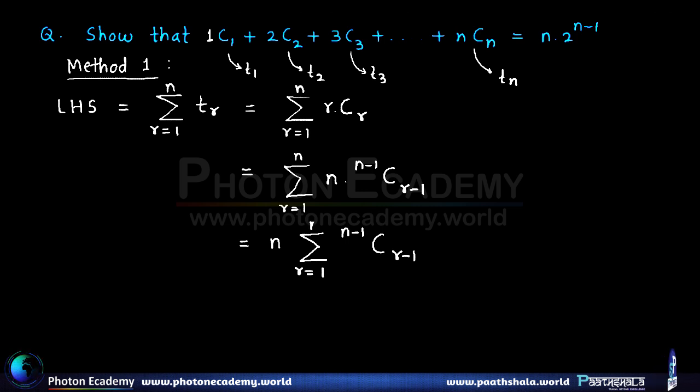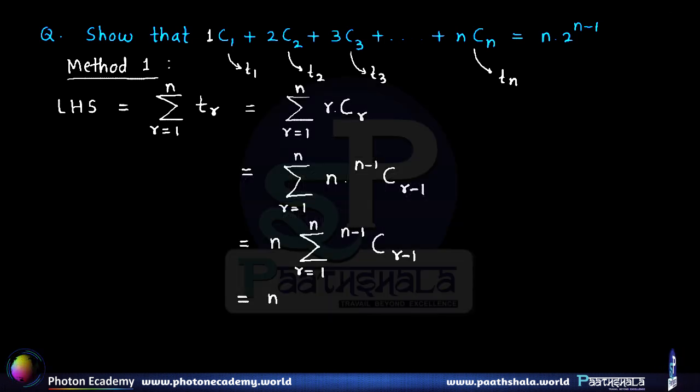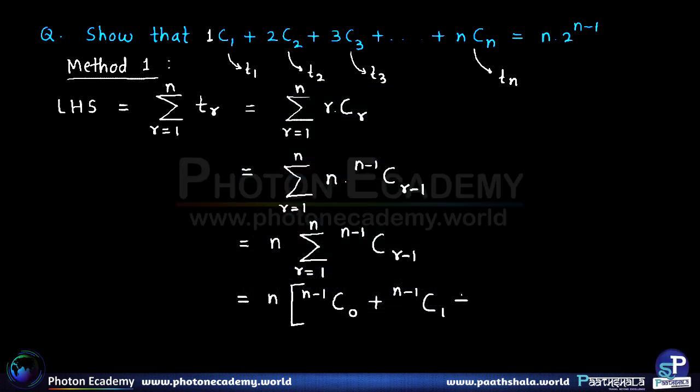Now here what we do is we actually write down all the terms in the summation and see what happens. This is equal to n into, when R is 1, the first term will be n minus 1 C0. When R is 2, the second term will be n minus 1 C1 and so on up to the last term will be n minus 1 C n minus 1, that is when R reaches the last value of n.